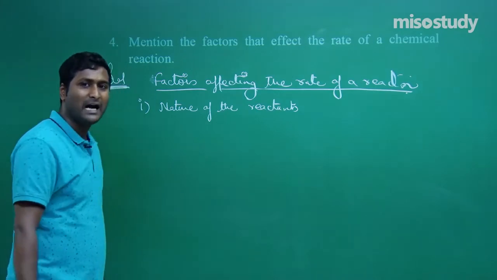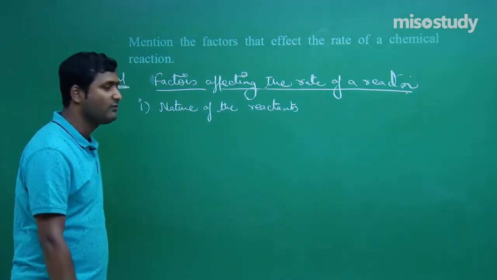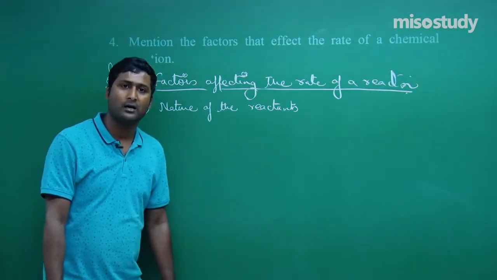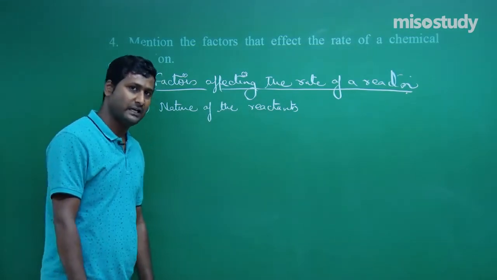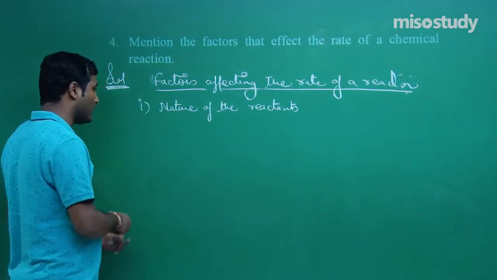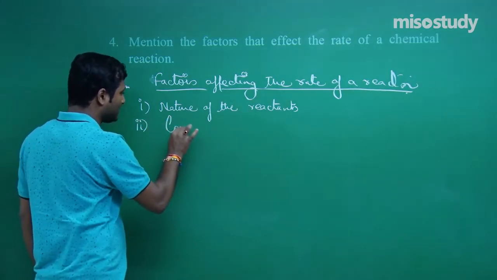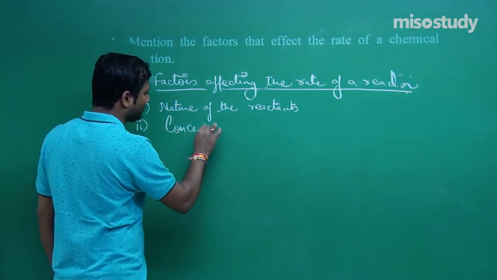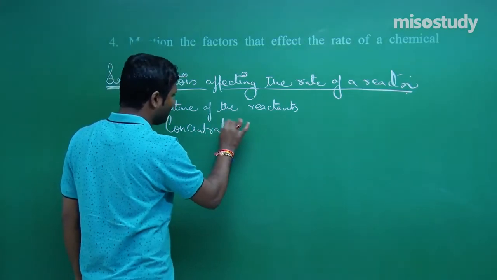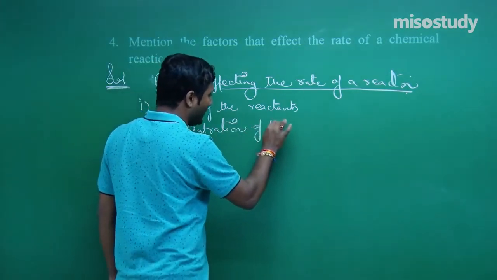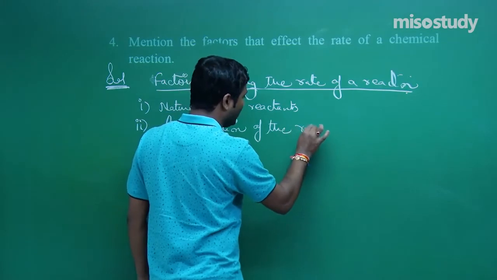Generally, what does it mean? If there is an ionic compound, the reaction is very fast. But if there is a molecular compound, the reaction is moderate, and generally in chemical kinetics we discuss the moderate reaction. Second one is the concentration of the reactant. Higher the concentration, higher is the rate of the reaction.